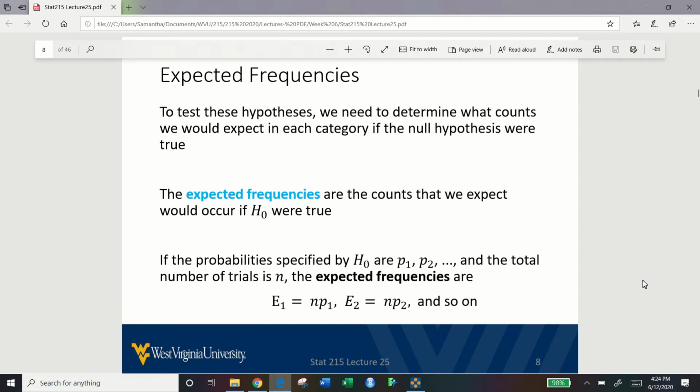If the probabilities specified by the null hypothesis are p1, p2, and so on, and the total number of trials is n, then the expected frequencies are E1 equal to n times p1, E2 equal to n times p2, and so on. So essentially, the probability multiplied by the sample size should give us our expected frequency.